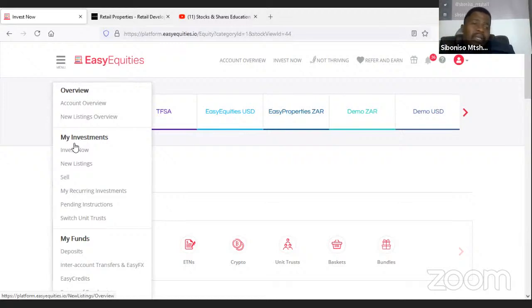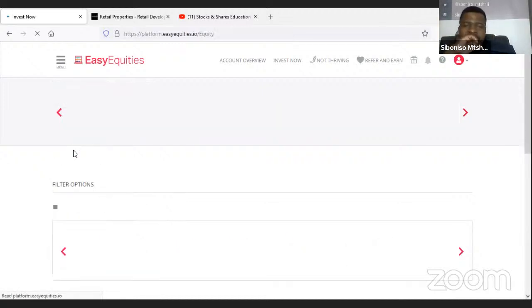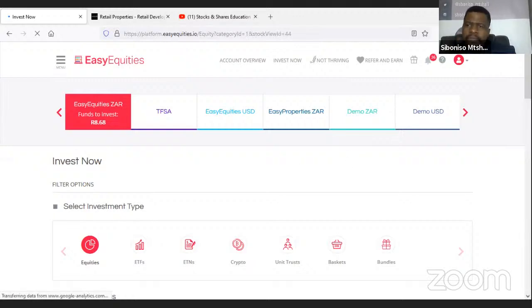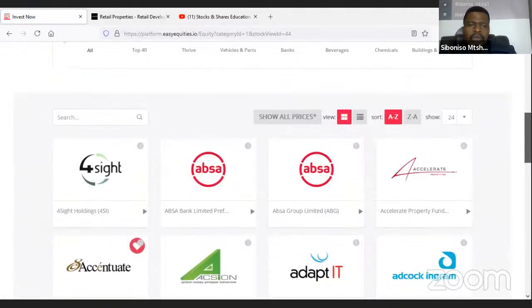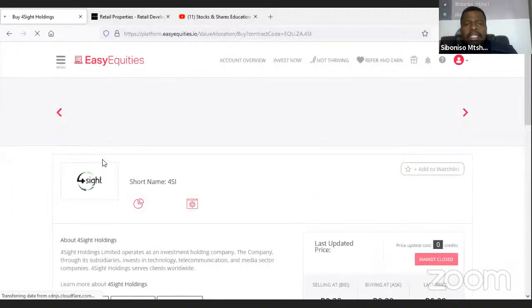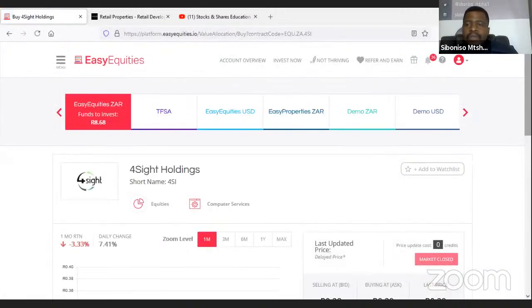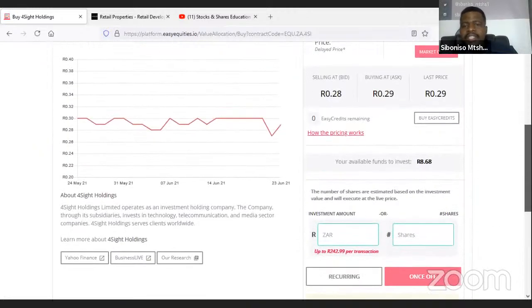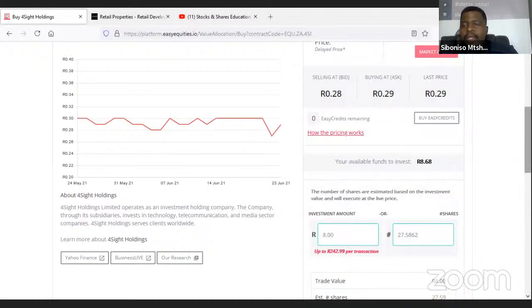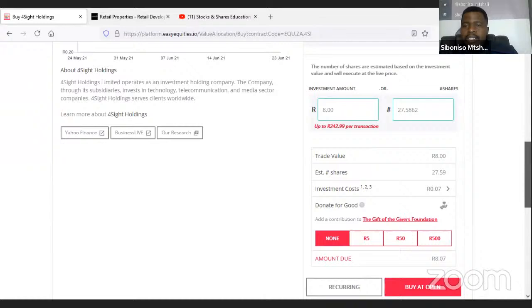All right. I'll just go to invest now, and I will look for, okay, Foresight. Foresight, I think it's 26 cent. Okay, and it's even 28 cent. So now how much am I spending? 8 rand. And then I'm clicking once off, and 8 rand is giving me 27 shares.